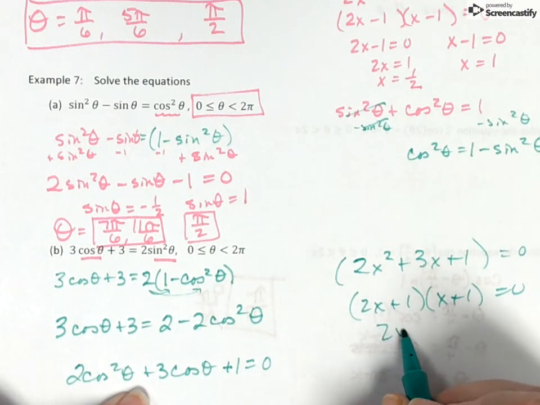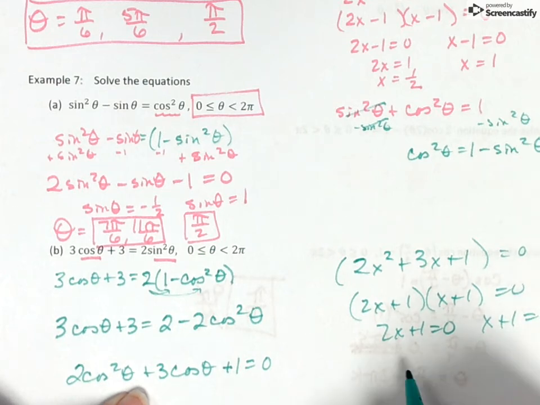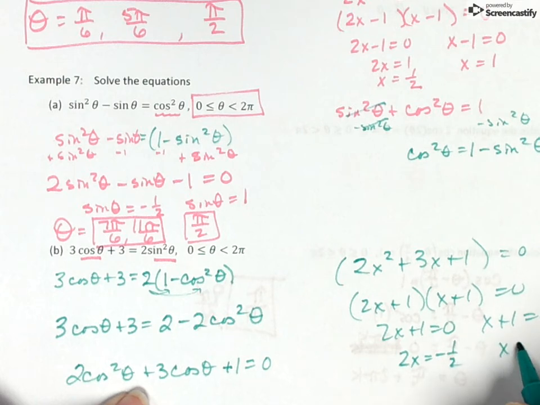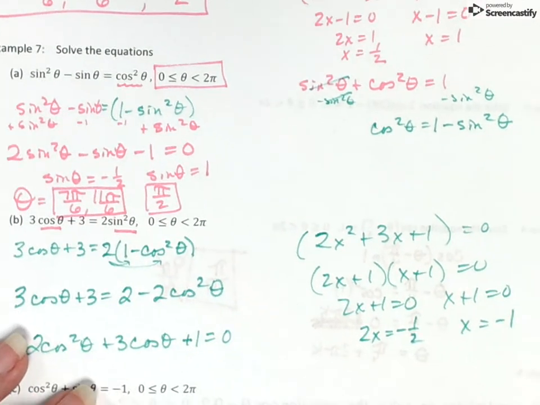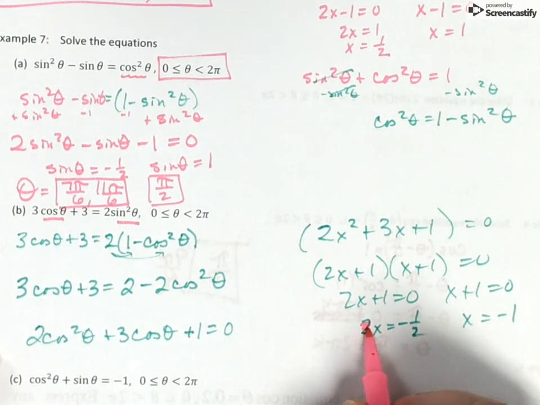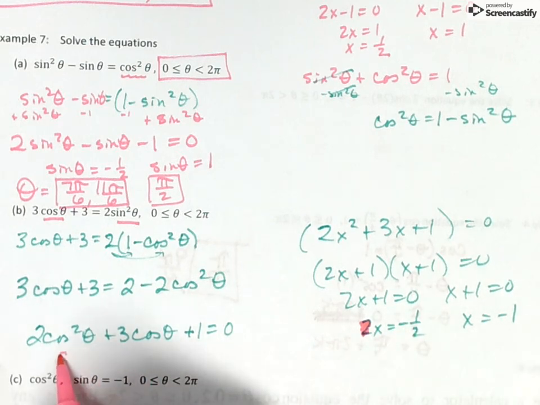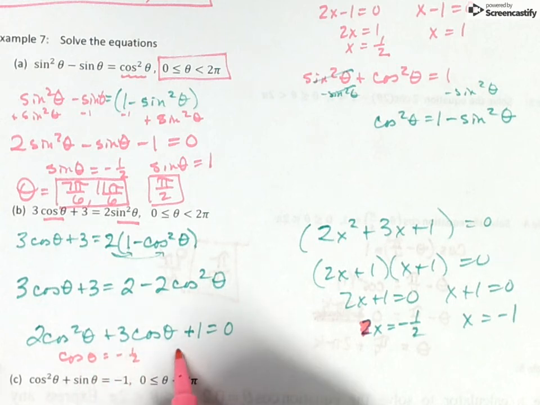We set 2x plus 1 equal to 0 and x plus 1 equal to 0. So x equals negative 1/2 and x equals negative 1. Now, using that, cosine of theta equals negative 1/2 and cosine of theta equals negative 1.